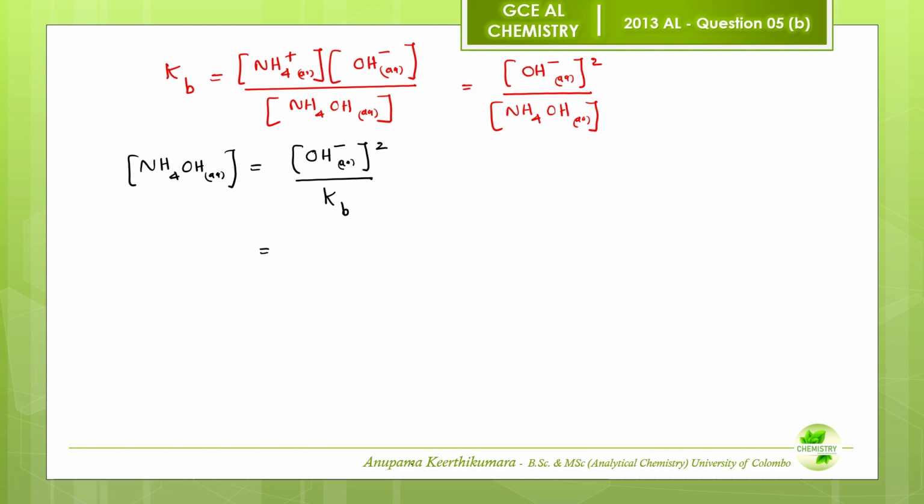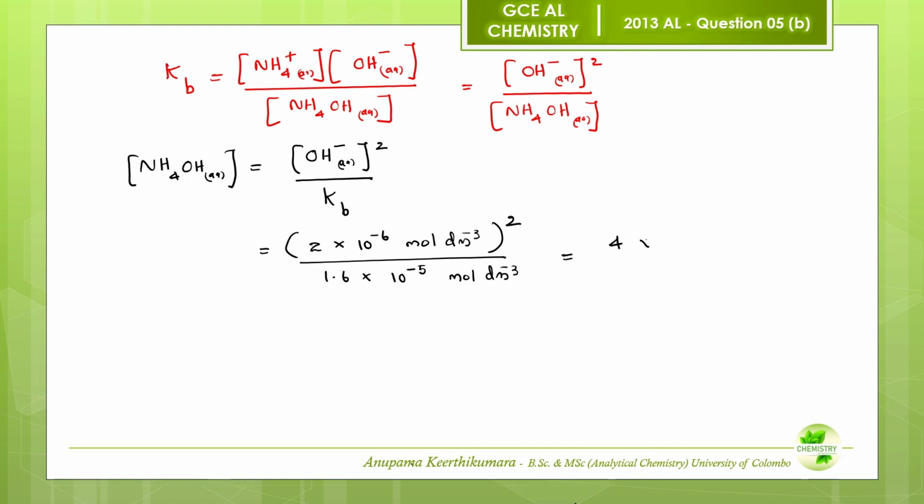Hydroxide ion concentration required to precipitate manganese hydroxide is 2 times 10 to the negative 6th moles per cubic decimeter, to the power 2, divided by Kb of ammonia, which is 1.6 times 10 to the negative 5th moles per cubic decimeter.